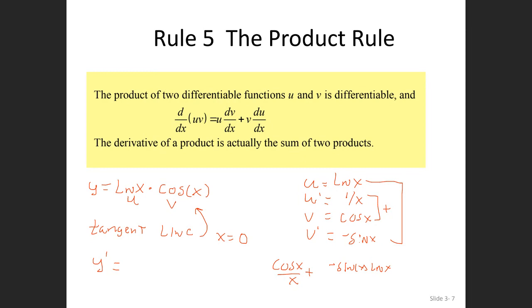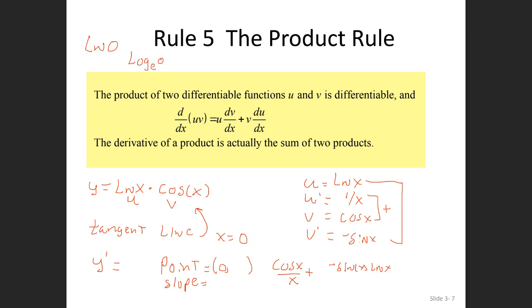That's the first thing you should be asking yourself. Point and slope, okay? Well, my point is 0, comma, what? If you plug 0 into that function, what do you get? Well, most people don't know what natural log of 0 is. What's another way of writing natural log? Isn't it log base e of 0?